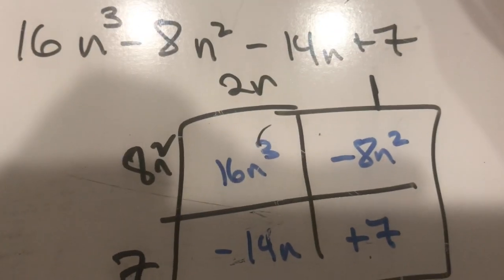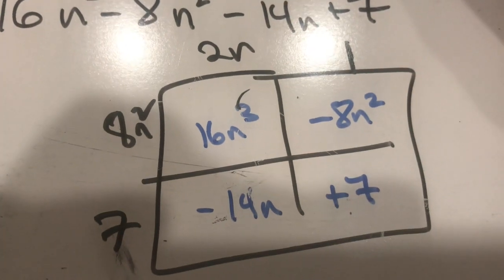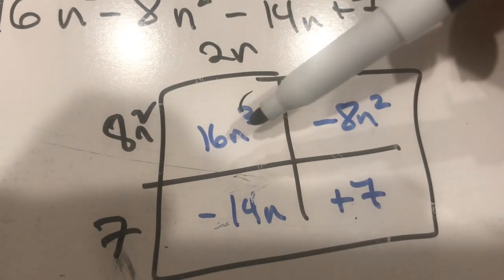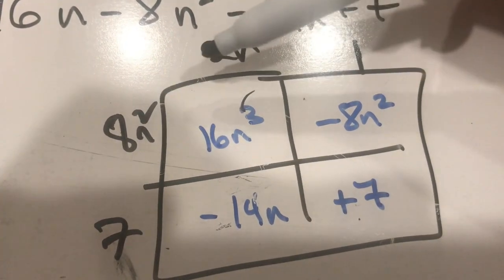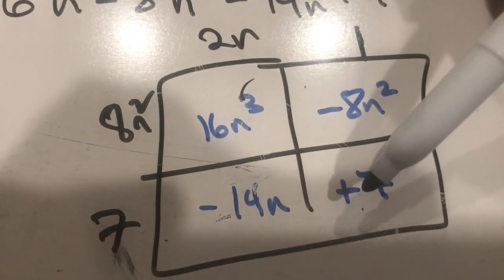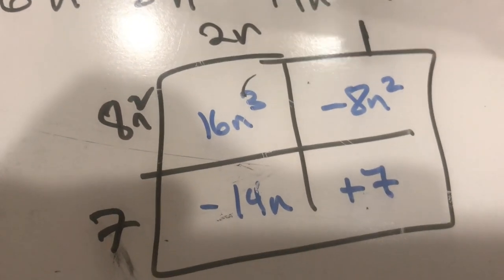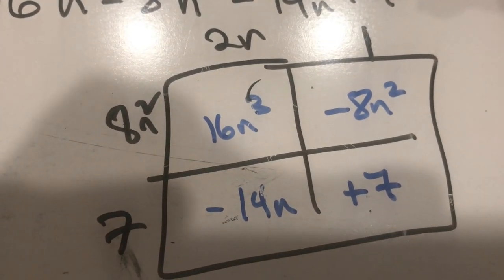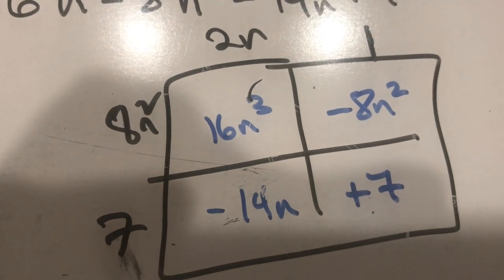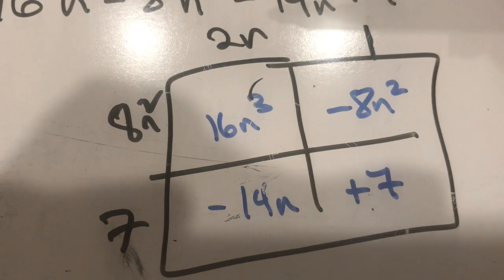Okay, so now is when I want to decide what the signs are going to be. Again, my first term is positive, so I'm going to leave both of these as positive. Now, my last term is positive, which means that 1 times 7 has to be the same sign. They're either both going to be positive, positive 1 times positive 7, or negative 1 times negative 7.